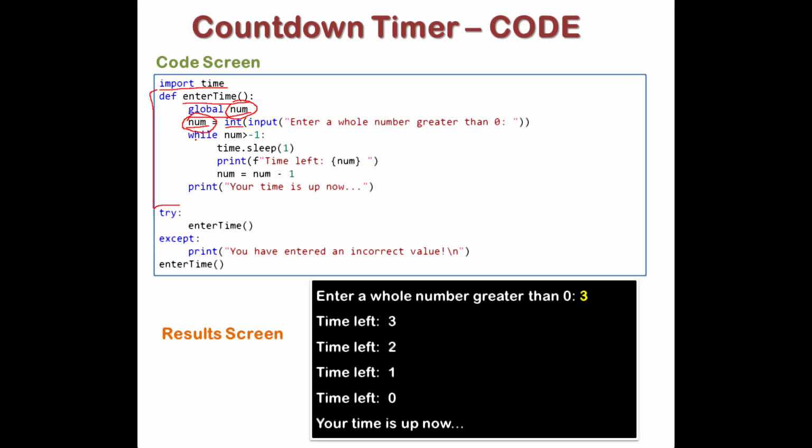Now, on the next line, it's first going to say time.sleep(1), which means it's going to make the program wait a second. Then it's going to display the time left.